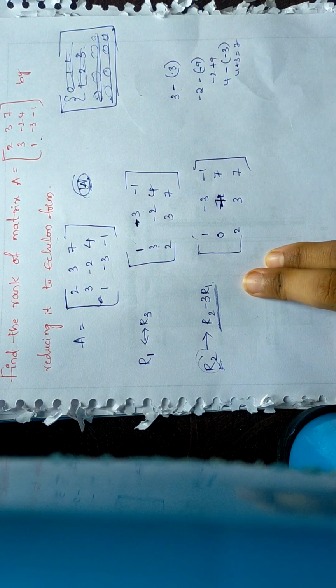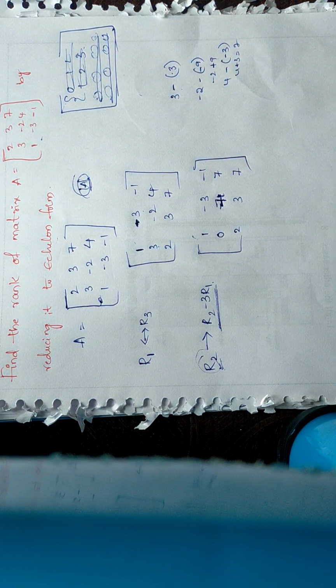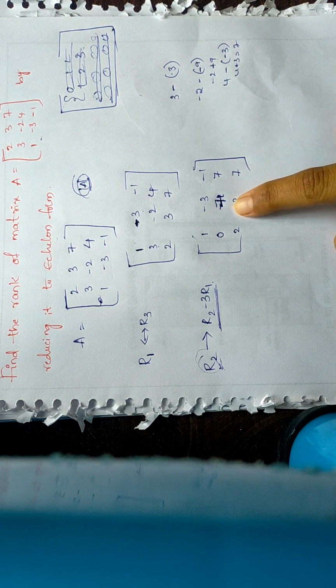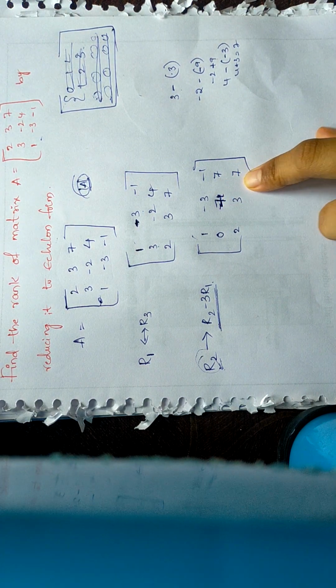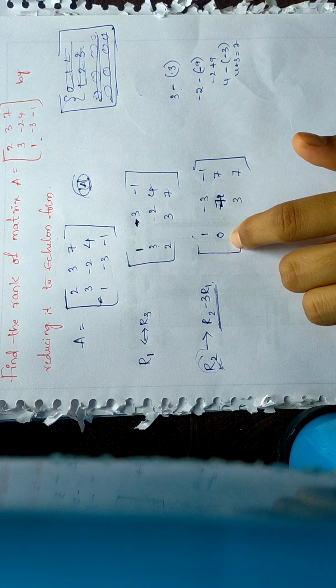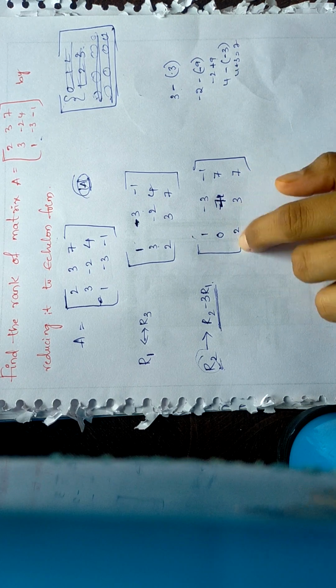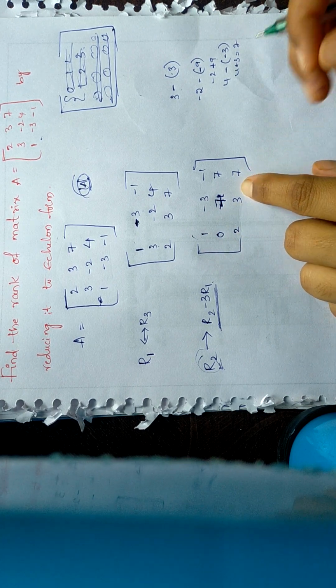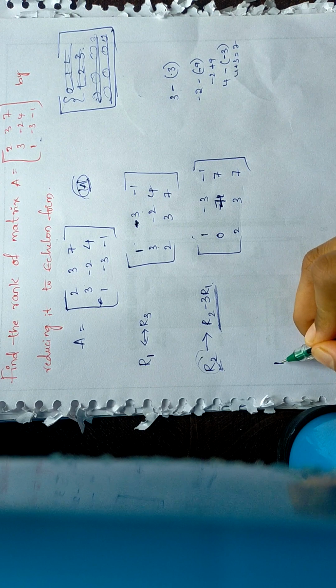Now what will be the next operation? If you observe clearly, there are two 7s here. Now I will try updating this row, then we can make zeros, I guess. Let's try.